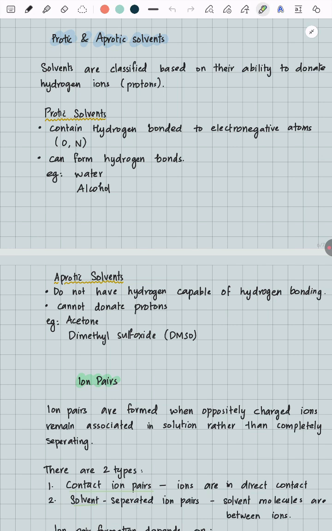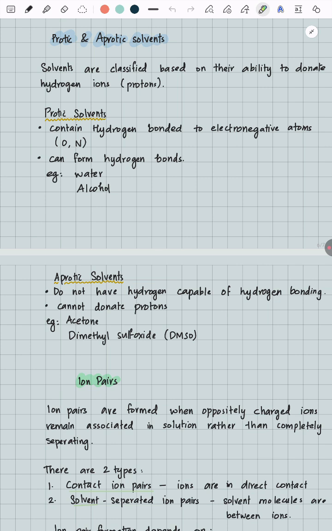Common examples include water and alcohols. Aprotic solvents, in contrast, do not have hydrogen atoms capable of hydrogen bonding. They cannot donate protons, although they may still be polar. These solvents are useful in certain chemical reactions where proton donation would interfere with the mechanism.